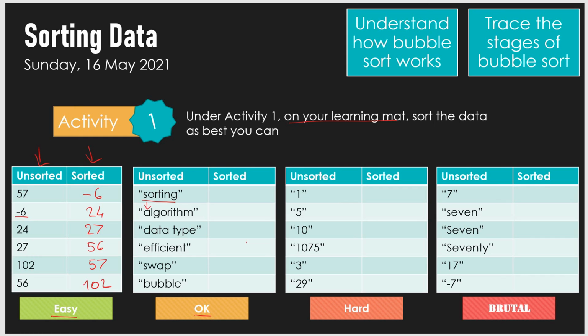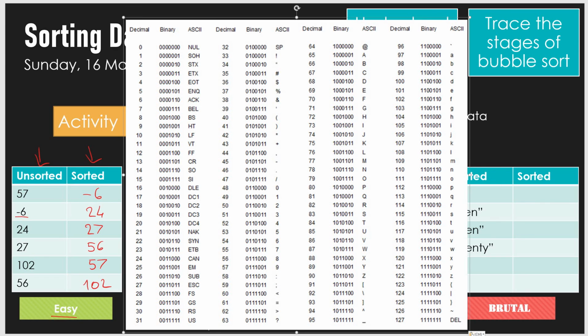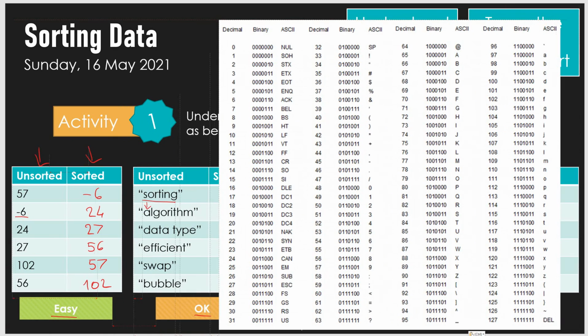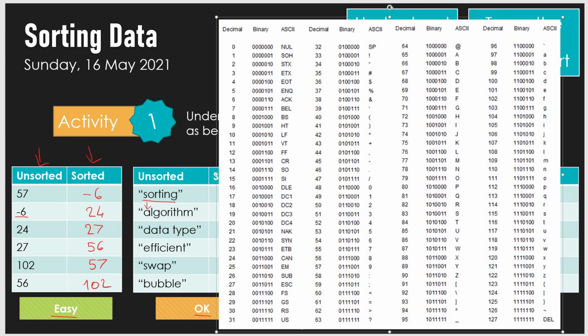Now, if you are not familiar with the ASCII table, I'm going to put it on the screen now. We can see that the lowercase a, I'm just going to move it a little bit to the right here so we can see those words. We can see that the lowercase a has a numerical value, which is 97. Now, every letter that comes after this letter has also a numerical value, which increases by 1 with every letter of the alphabet.